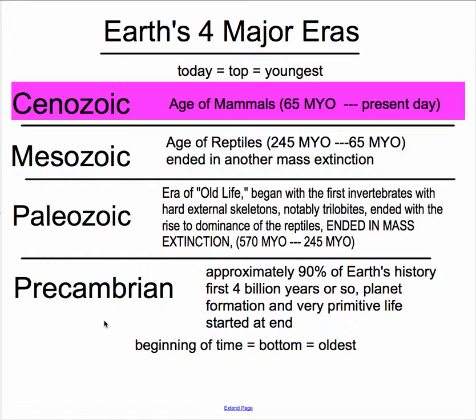It's the last 65 million years, where the Earth went from a relatively hotter environment down to today's cooler environment, including the ice ages we've had very recently. The Cenozoic's just a great time. You and I live here. By the way, MYO stands for millions of years ago. So the Cenozoic started 65 million years ago and is still going on today.